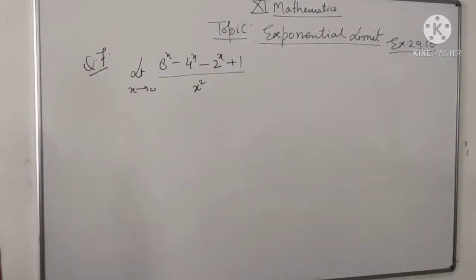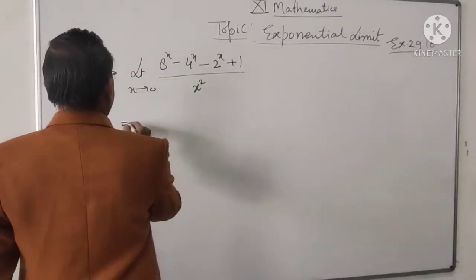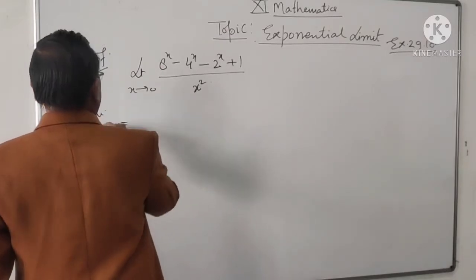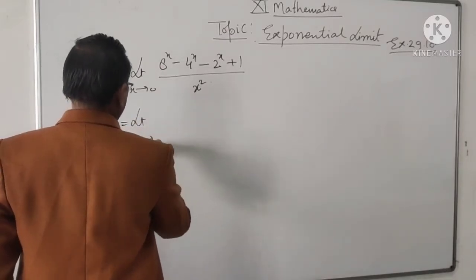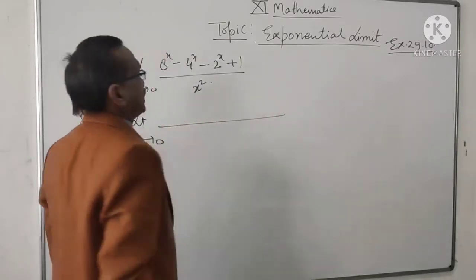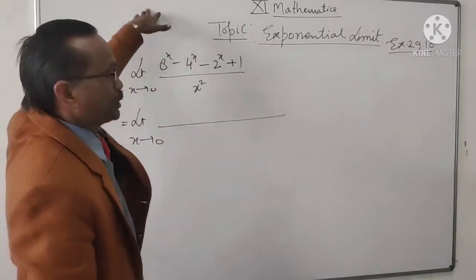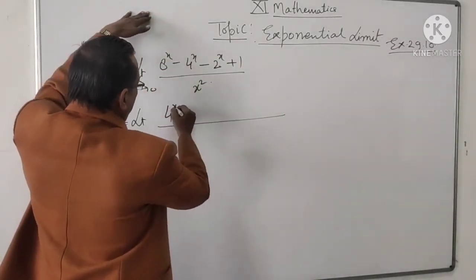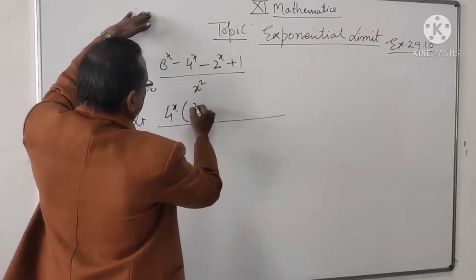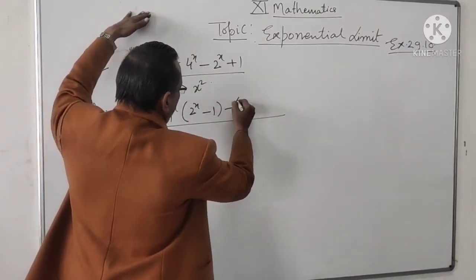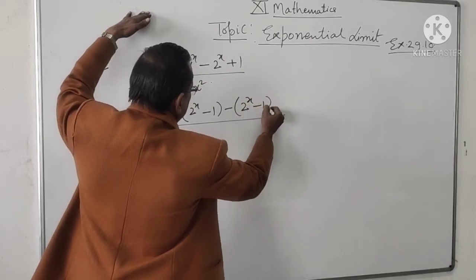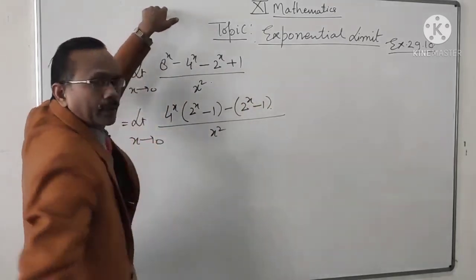So we will write it, limit x tends to 0. This numerator can be factorized. So take 4 power x common, that is 2 power x minus 1, minus 1 common, it is 2 power x minus 1, upon x square.